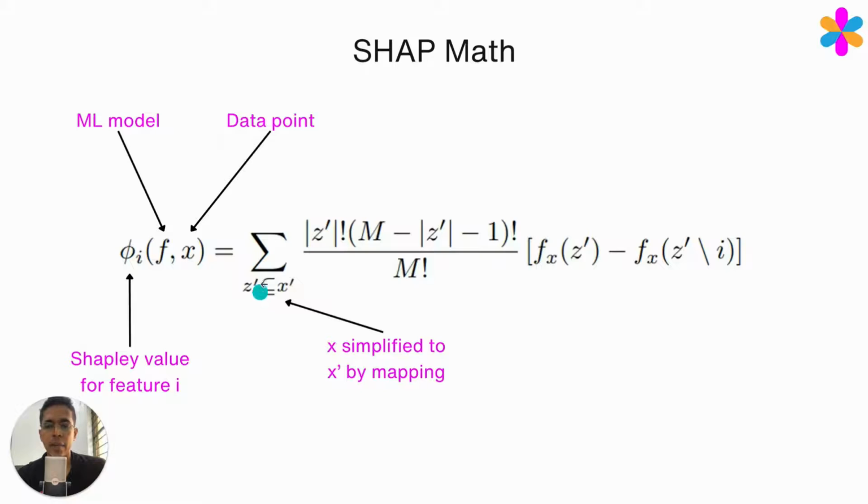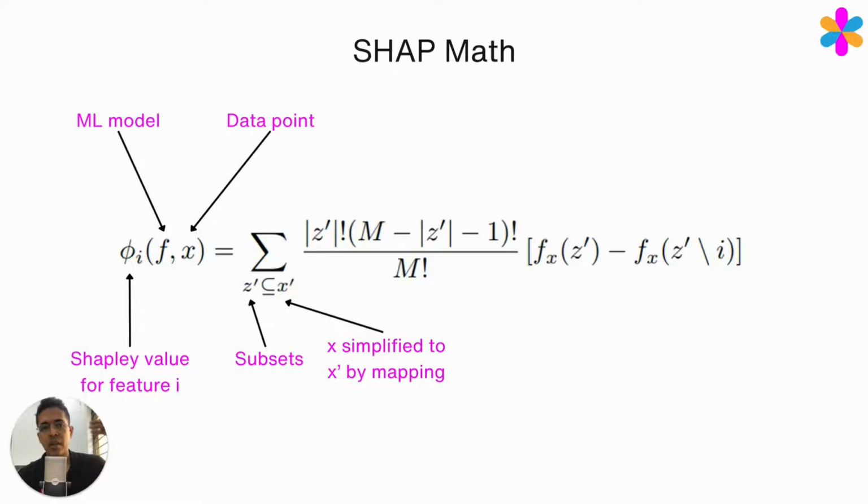And Z prime is the subset of data points where the age feature is present. So they form all the different combinations, in the team example, of the sub teams that are possible in which team member 4 is present.